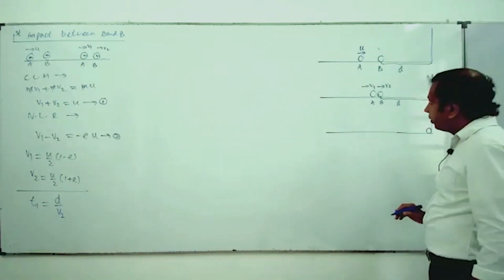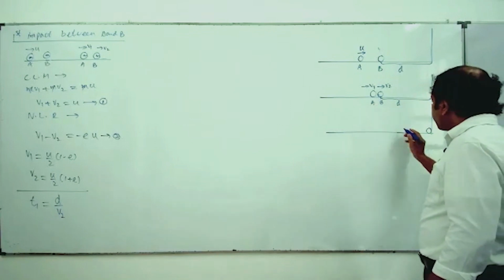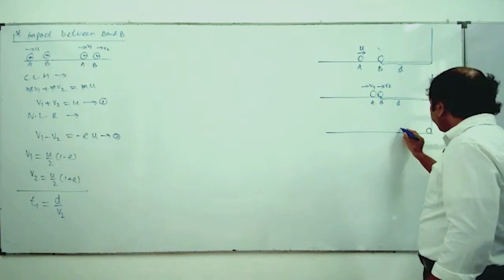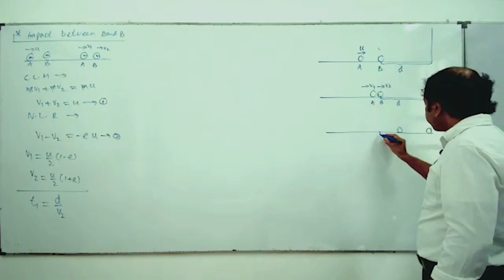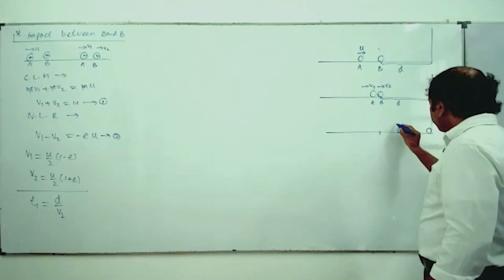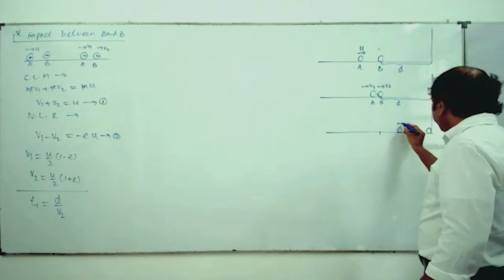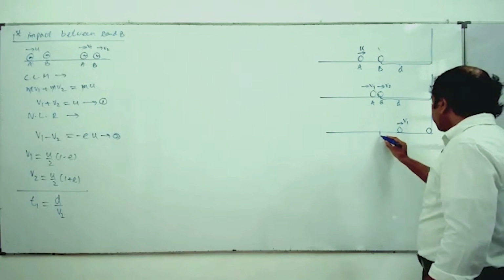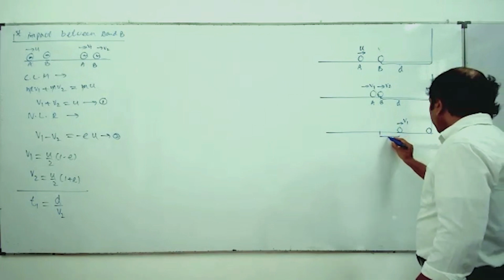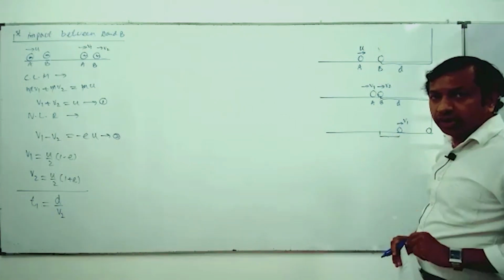During that time interval, A moves forward. What is the distance A moves forward during that time interval? Initially, A is here. During the time interval T1, A moves forward with velocity V1. Displacement is velocity multiplied by time.